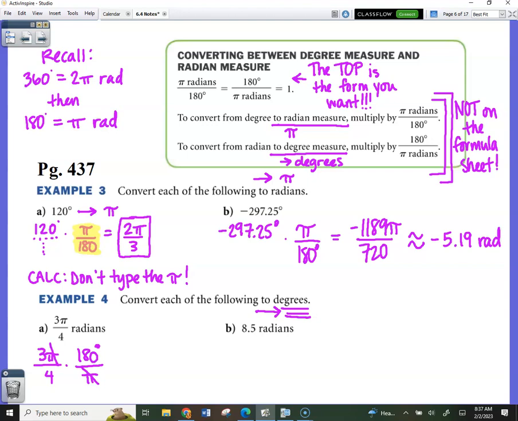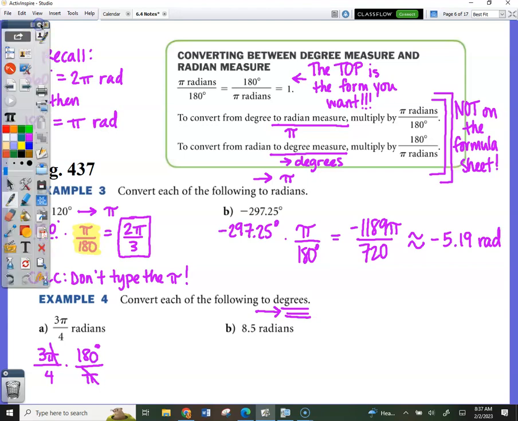So if you're ever doing this and you forget which fraction to multiply by, red means wrong here. Let's say you had a brain fart, you forgot, and you're multiplying by this. You should see a problem right here. Pi times pi is pi squared. We're never going to have that. So that should be your clue: wait a minute, I should switch that because it should cancel.